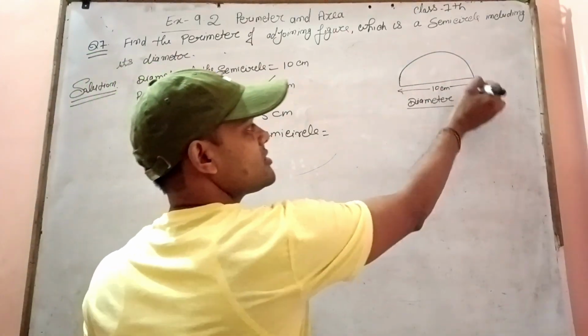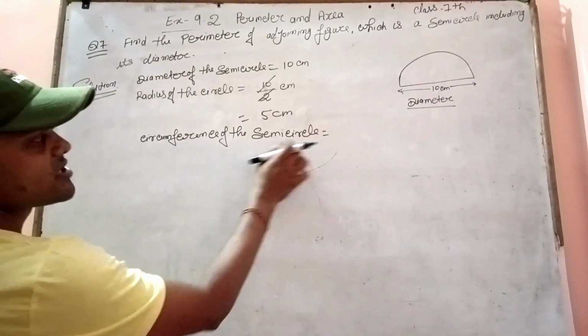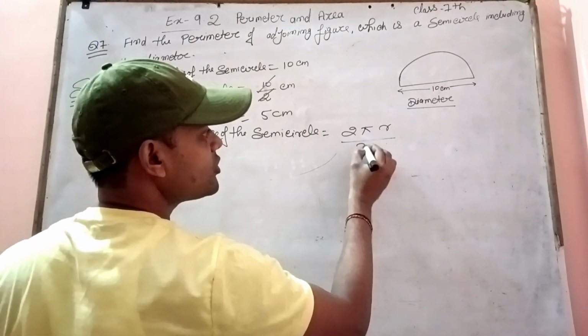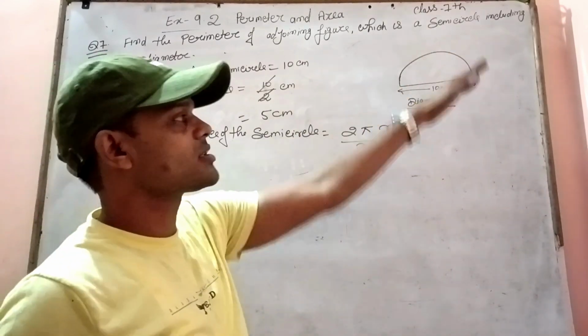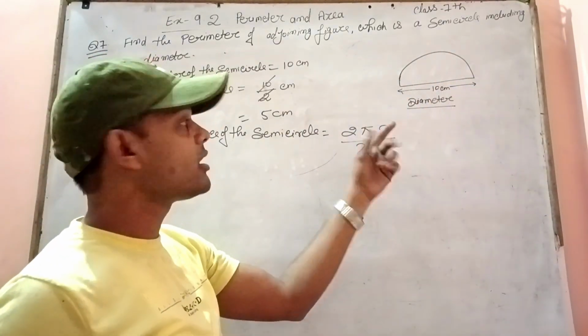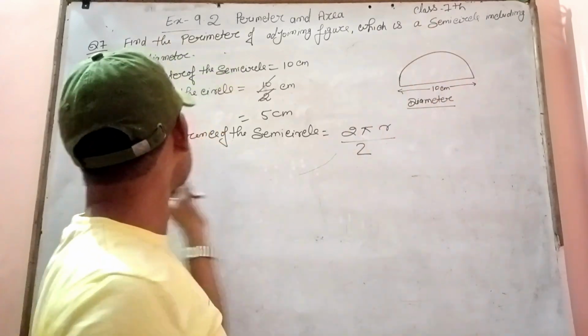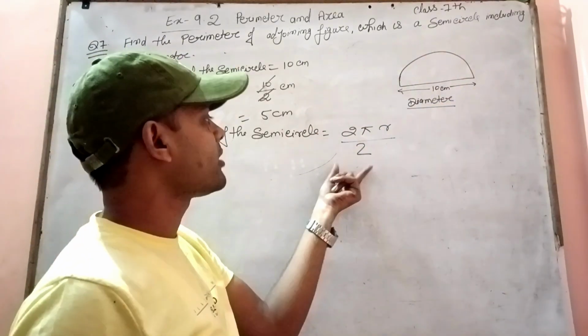Total circumference of the circle is 2 pi r, and half means divided by 2. So circumference of the semicircle is equal to 2 pi r by 2.